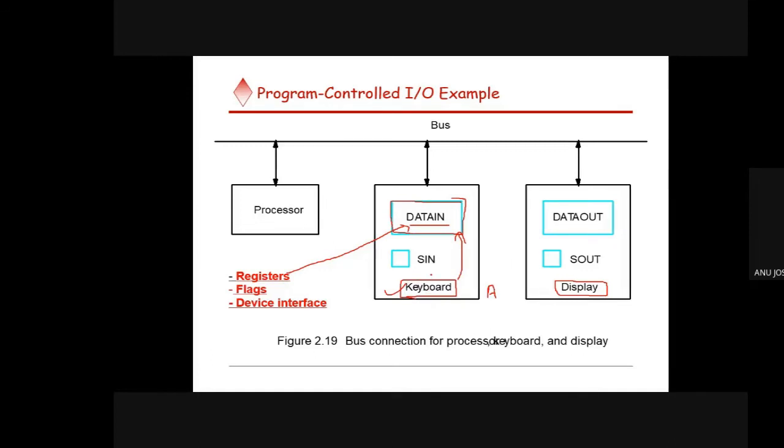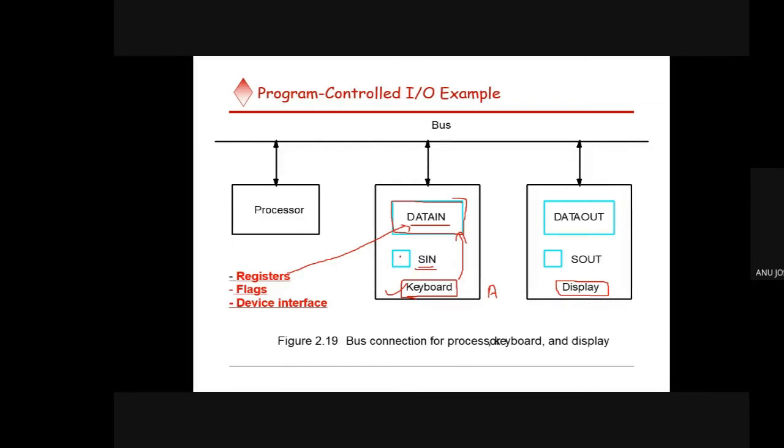Similarly, along with your input device, one storage area called the buffer will be there, and for the input device the buffer name is data in. Other than that, a 1-bit location is also there, which works like a flag. It can take only 1 bit, either 1 or 0.